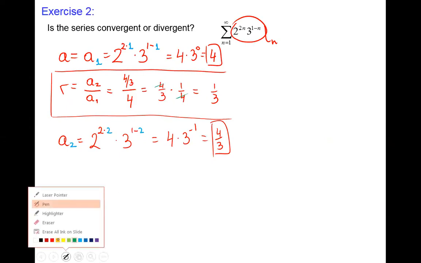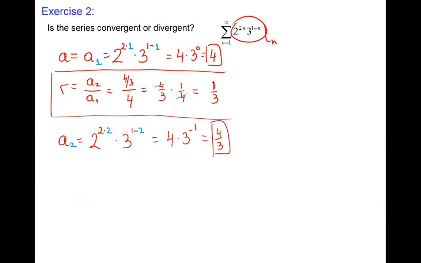The number is less than 1, the common ratio. Did I make a mistake? Yes, it's not to the power of 2, thank you.